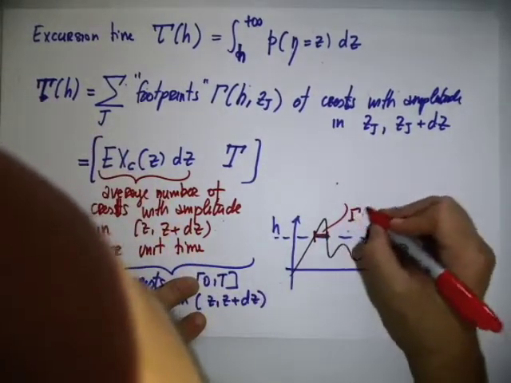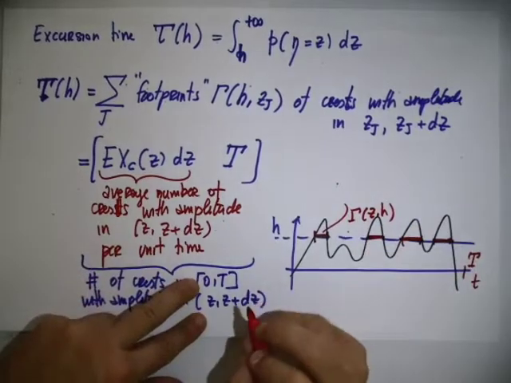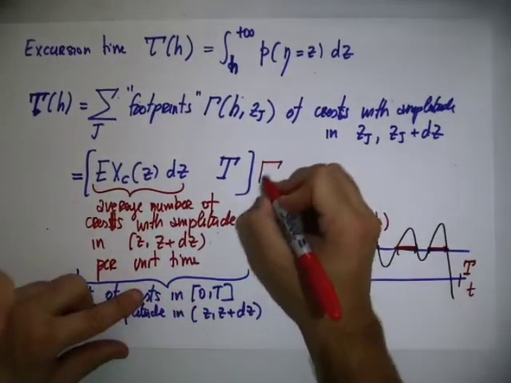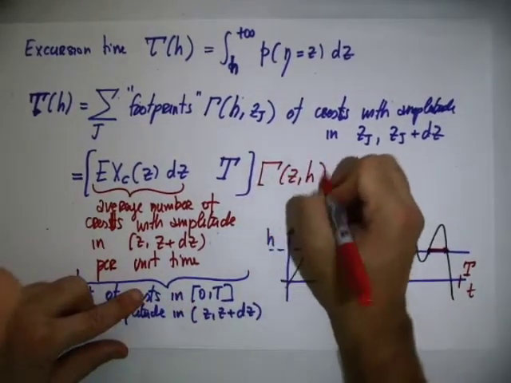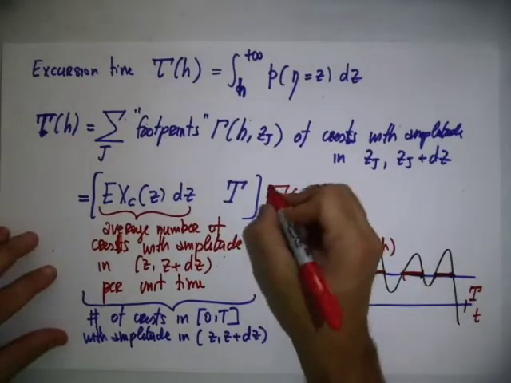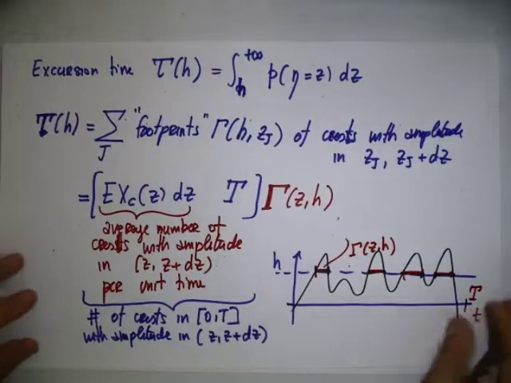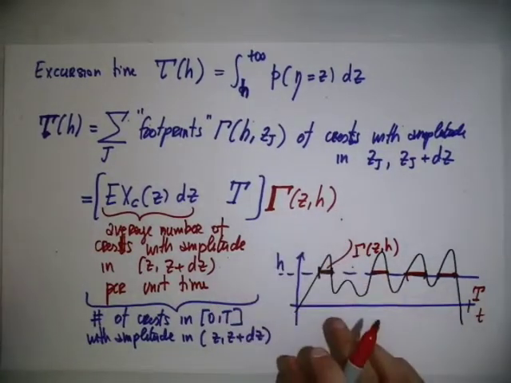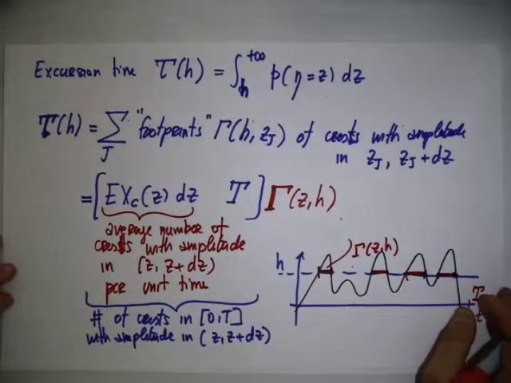This is tau zh, which I need to define, but we will be able to formulate a generic expression for generic random processes.